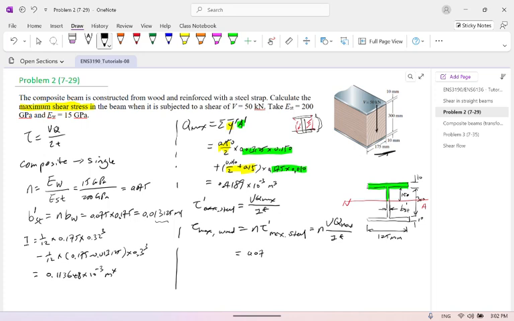So NV is 50 kilonewton times Q, we just work out, divided by I, we just work out, times T. Q, how much of this one?